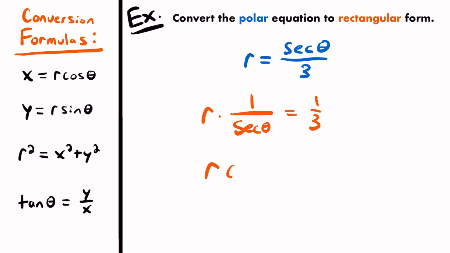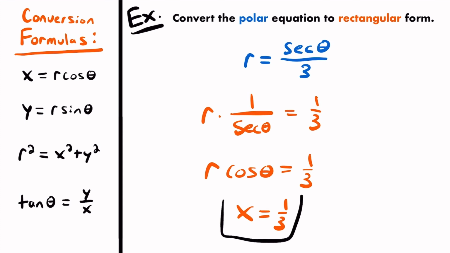So we'll have r times cosine theta is equal to 1/3, and then what we have here, r times cosine theta, can be found within one of our conversion formulas. We have that x is equal to r times cosine theta, so we can replace r times cosine theta with x. So we'll have x is equal to 1/3, which is the rectangular form of this polar equation.